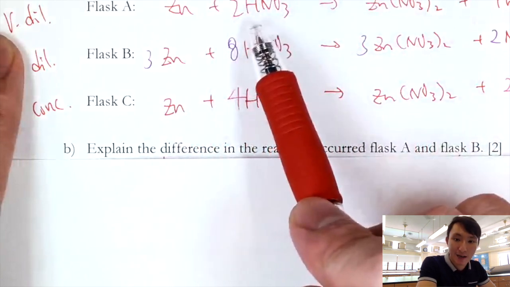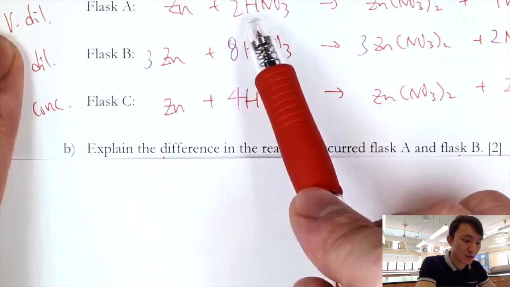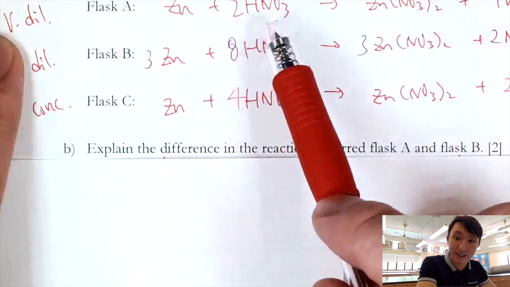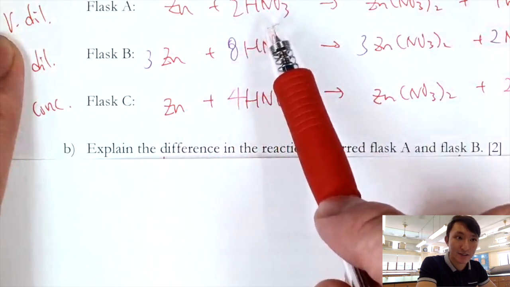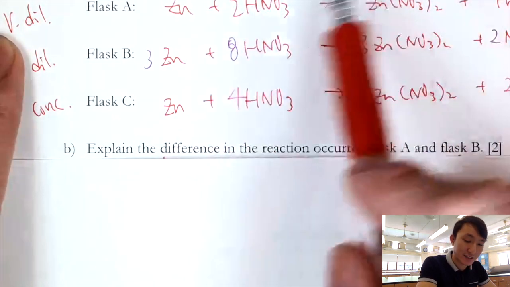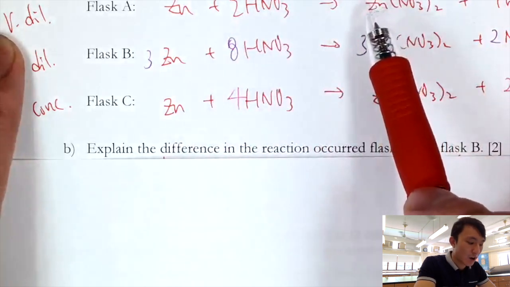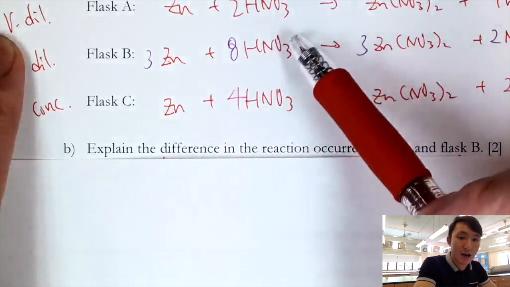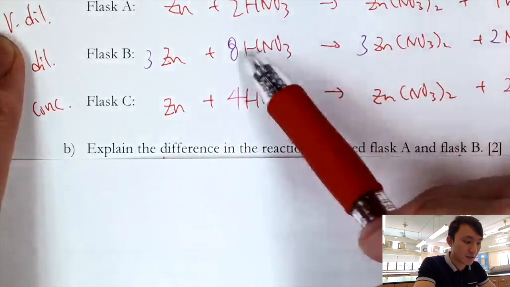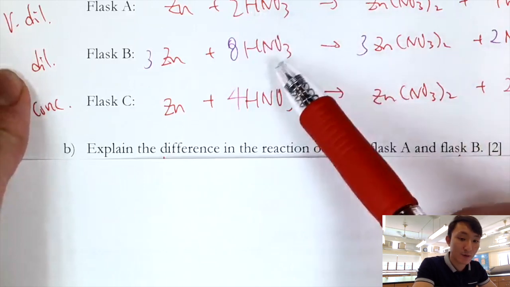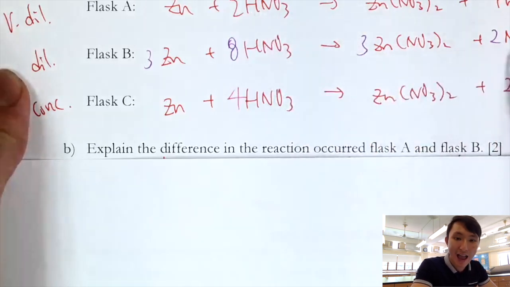Instead, H+ is reduced to H2. So even though the very dilute nitric acid is not an oxidizing agent, the reaction itself is still a redox reaction. But of course, the only difference is the oxidizing agent. This one is H+, this one is actually the NO3-. So the NO3- is reduced to NO. So that is the difference.